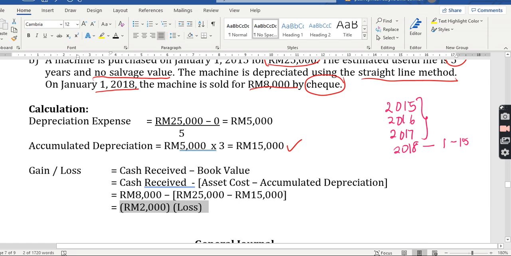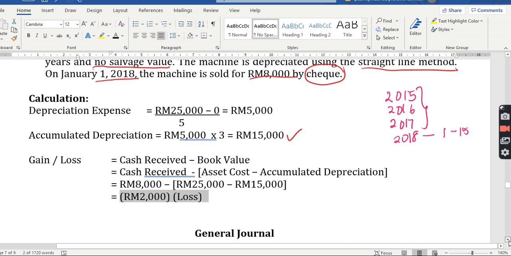That 2,000 ringgit is actually a loss because your answer is in bracket negative. Since it's a loss, if you journalize the transaction, the 2,000 ringgit will be on the debit side. It is considered as expenses, mengurangkan untung bersih. So the item will be debited.